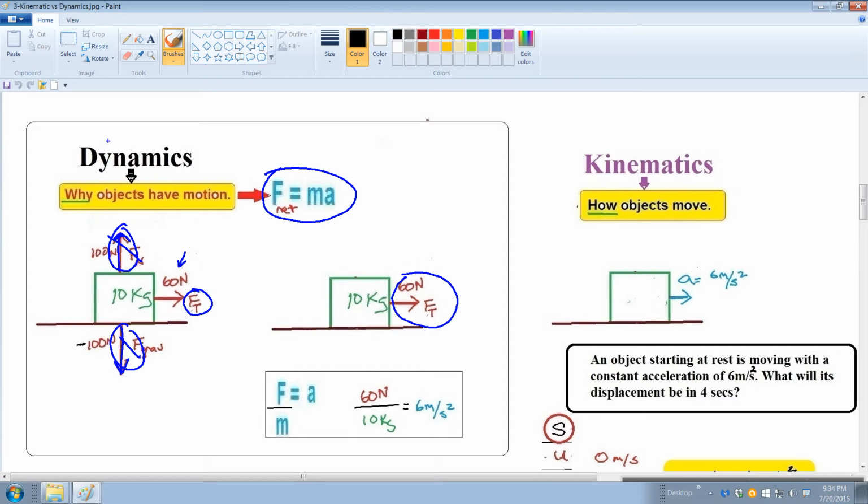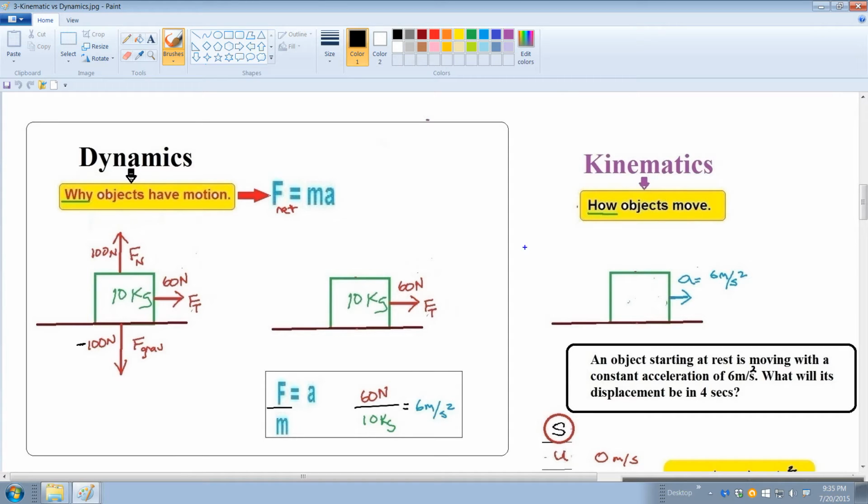So when dynamics says why objects have motion, we're interested in the forces that are acting on that object. We're interested in force and motion. So why does this object have motion? Because it's got a net force of 60 newtons to the right. Okay, so that's the dynamic aspect of this problem.